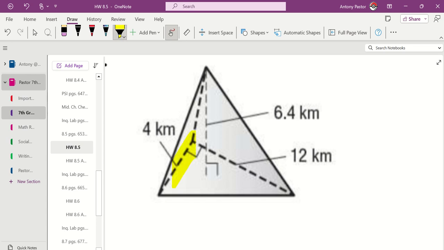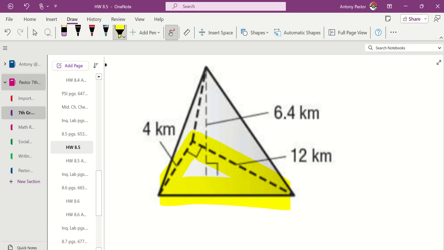So I'm only looking at the triangle, the bottom of the pyramid, the base. What is the length and the width, or base and height, of that triangle? And how do you know? What are the 2 measurements I need for that triangle? Base and height. Okay, what are those 2 numbers then?